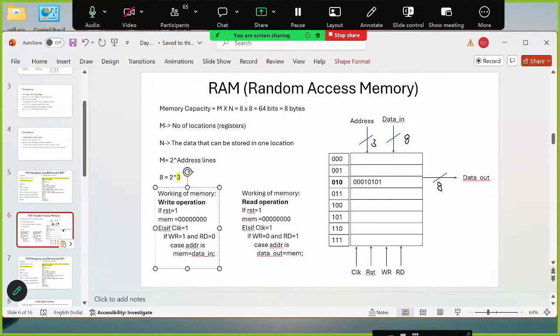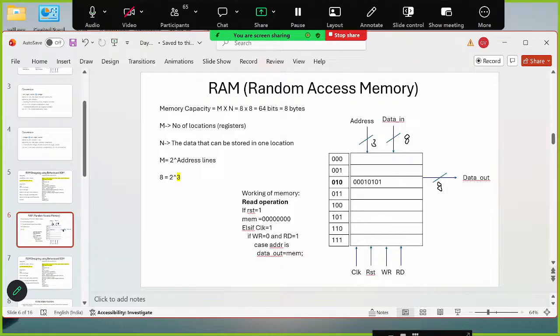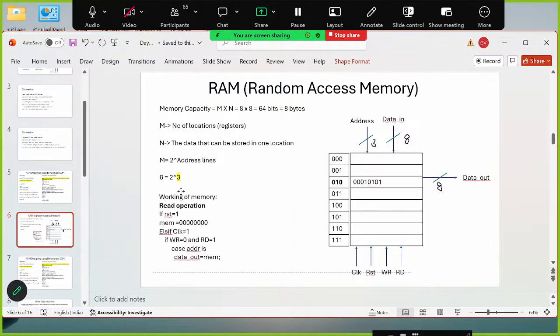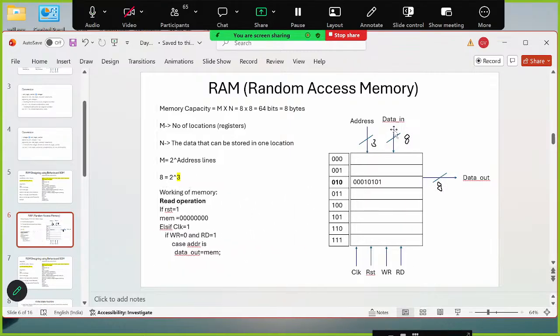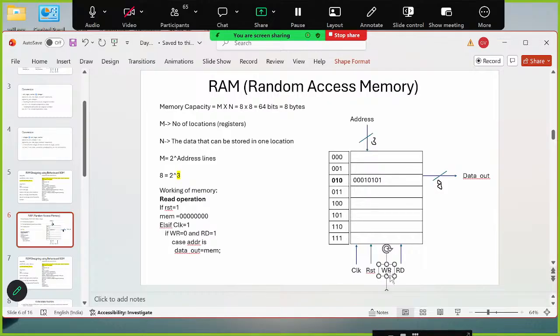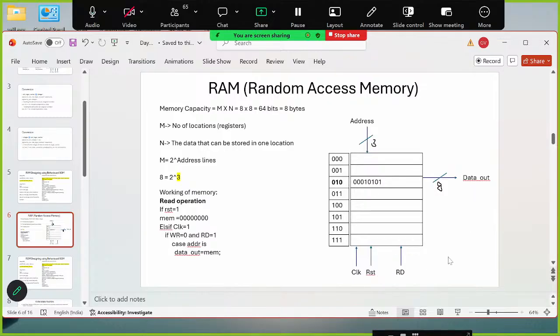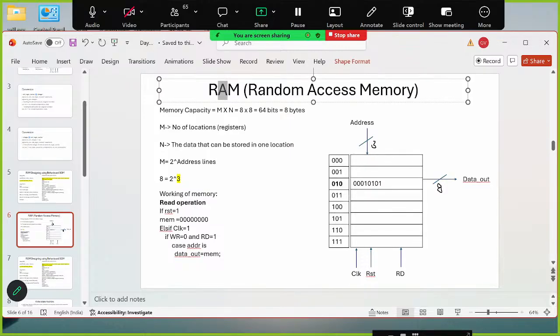There is no write operation, there would only be read operation. There is no data input, there is only data output. There is no write signal, there is only read signal. That is what we call read only memory.